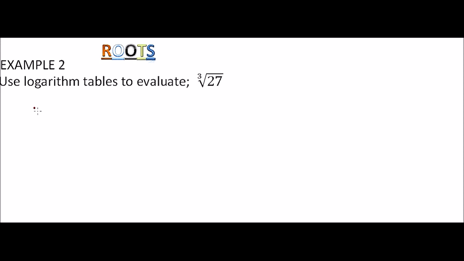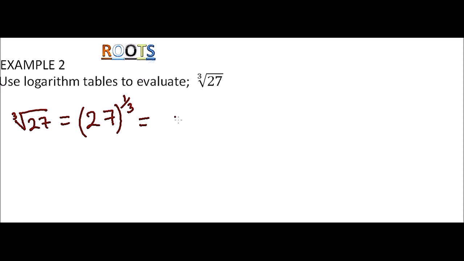So we have the cube root of 27 is equal to 27 to power a third, which we can write 27 to the powers of 10 using mathematical logarithm tables.